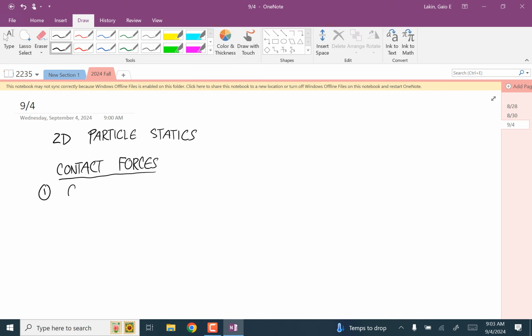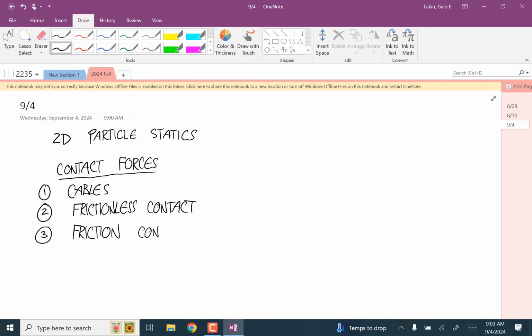The first one is forces applied by cables. The second one is frictionless contact. And the third one is friction contact. Last time we talked about cables, so now we're going on to frictionless contact.